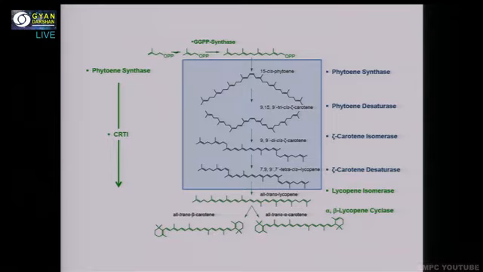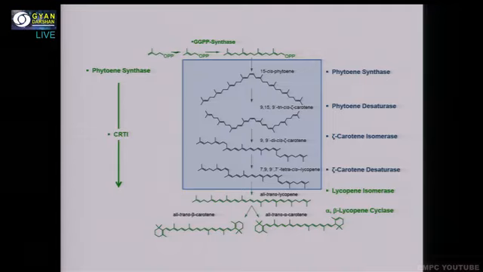They found that you can substitute enzymes like phytoene desaturase, zeta carotene isomerase and zeta carotene desaturase with one single enzyme, designated here as CRT1, which stands for carotene desaturase.